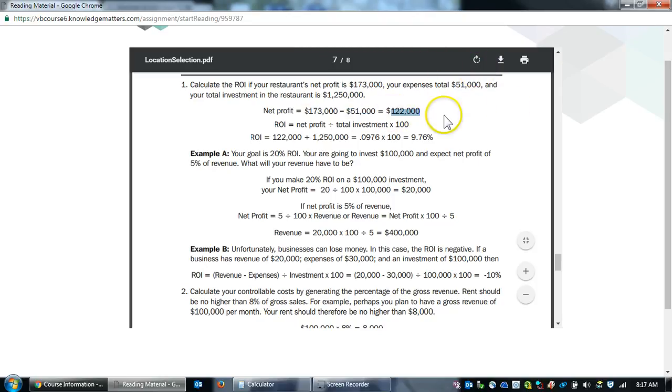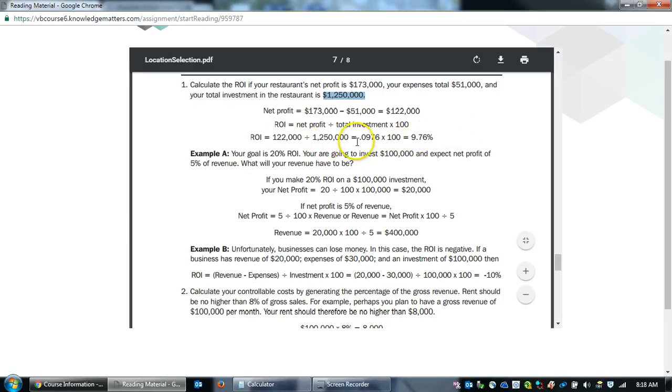Okay, so now we plug and chug. We take our net profit now, which is this right here. So 122 divided by total investment, which they tell us right here, and then we times it by 100. You do order of operations, so this divided by this, and then you multiply it by 100.